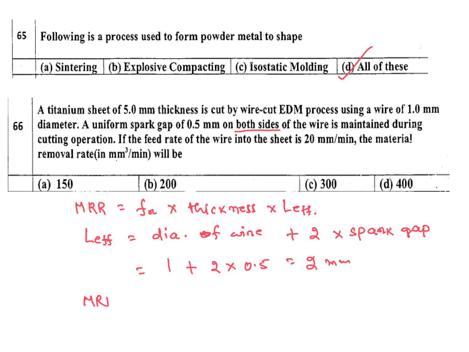Then MRR equals feed rate 20 mm per minute into thickness 5 mm sheet thickness into effective length, 2. So it's 200 mm³ per minute. Option is B.